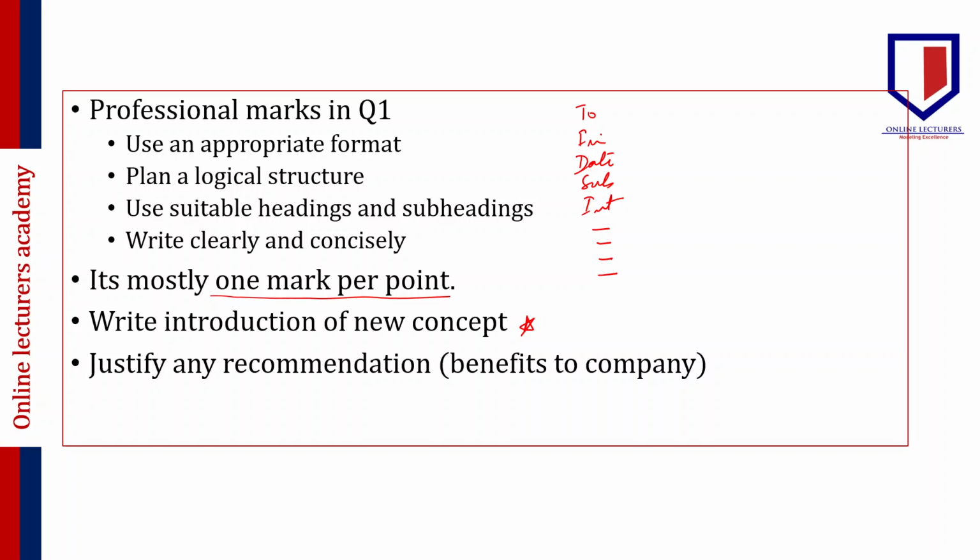You have to justify, because whenever you are moving towards a new system, that system has to be better than this one. So you have to tell what the problem with the current method is, and why the company should switch to the new method.